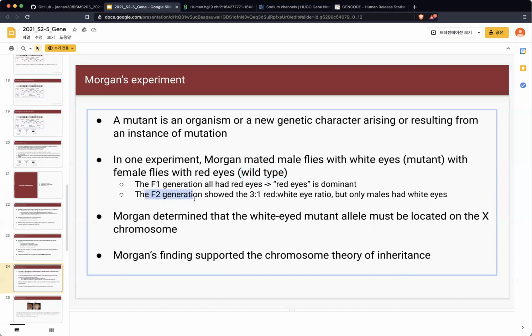The F2 generation showed a 3:1 ratio of red to white eyes, but only males had white eyes. So he thought that the white eye mutant allele must be located on the X chromosome, right? This is the supporting idea of the chromosome theory of inheritance, and brings the chromosome idea to the gene level, right?